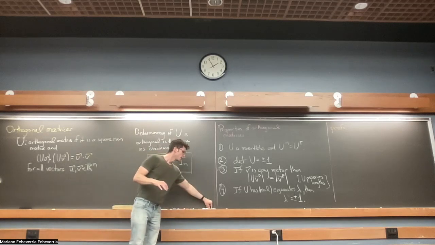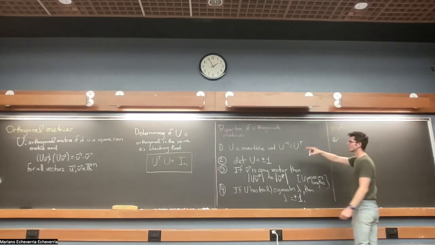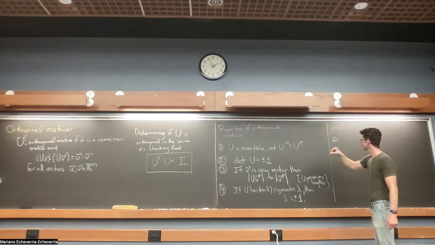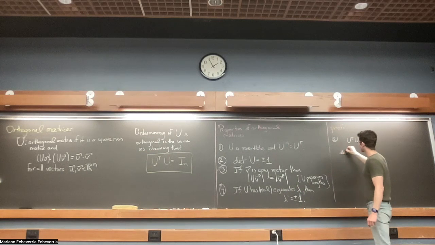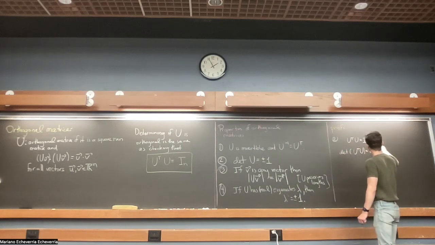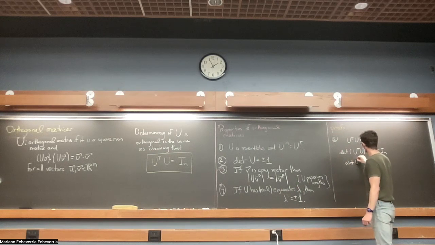For the second one, it's not too bad. Again, you start from the key equation, which is U transpose U equals the identity. So you can take the determinant of both sides, right? This is a product of determinants, if you remember the properties of determinant.